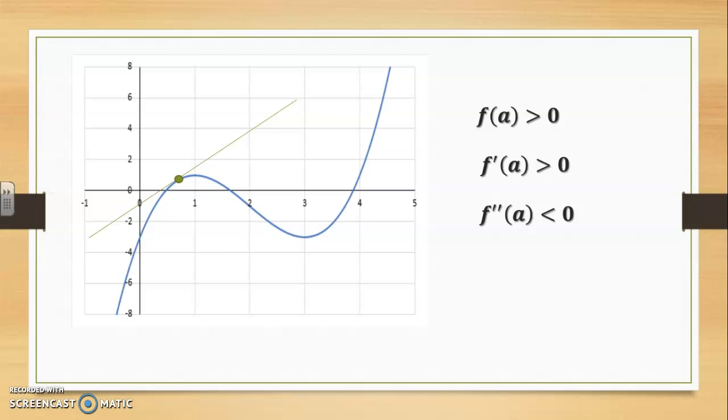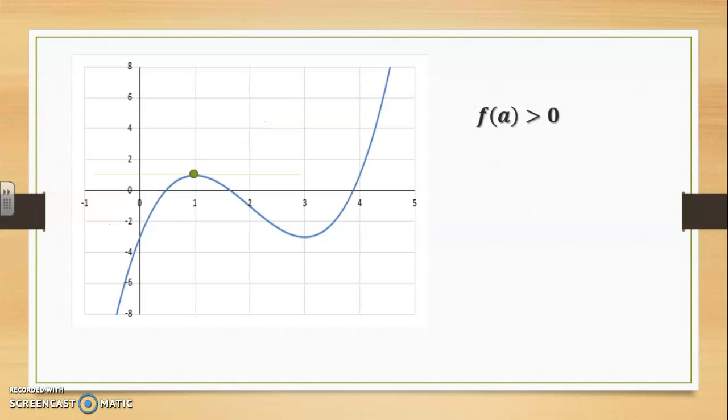However, the function is concave down at point a. Its second order derivative is negative, and you can detect this by the fact that the function has a frowning shape as it passes through the point that is highlighted. Or, if you prefer, the tangent line remains above the curve at this point.